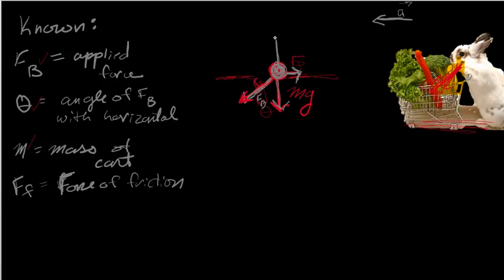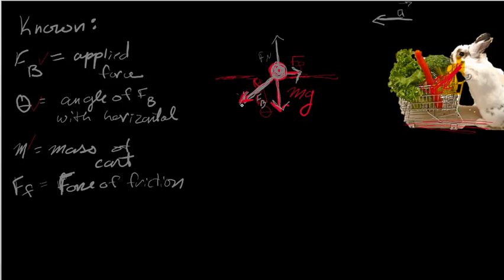It's going to push you down into the floor a little bit more, so the floor pushes up a little bit more on you. So this is going to be your normal force, pushing back up against your weight, but it's going to be a little bit more than that because it has to counteract this component of the force of your rabbit.